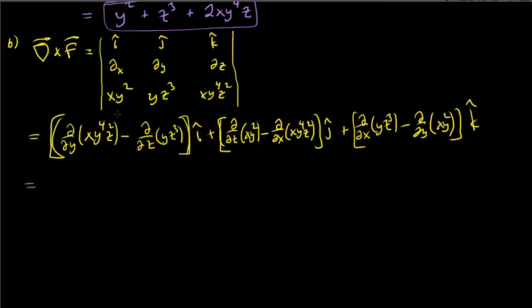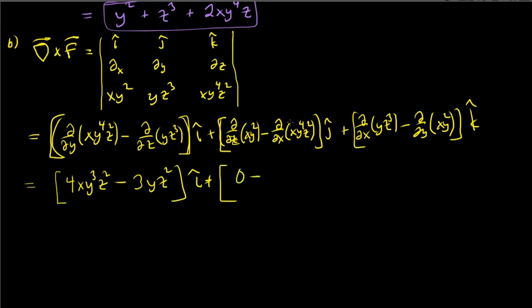All right, so now just calculating these partial derivatives, what are we going to get? We're going to get 4x y cubed z squared minus 3yz squared times i plus, the partial with respect to z of xy squared is 0 minus, now the x partial of xy to the 4th z squared is just the y to the 4th times z squared.